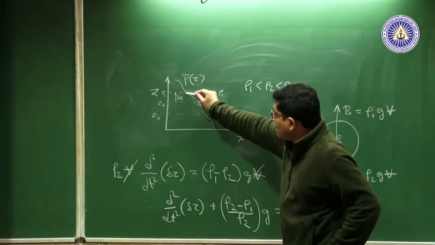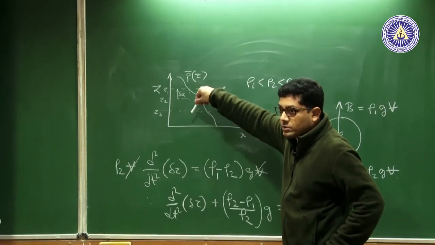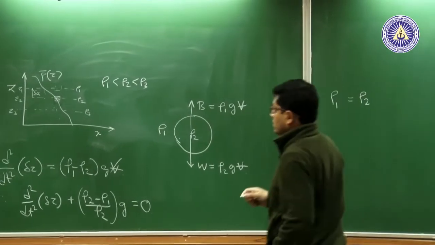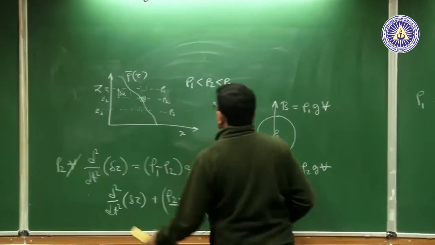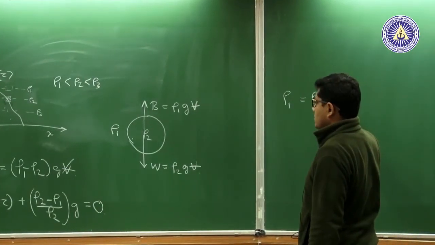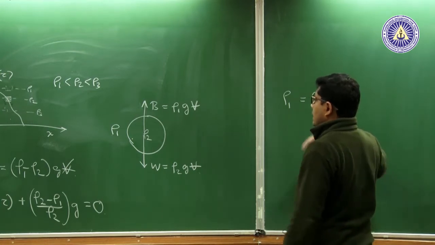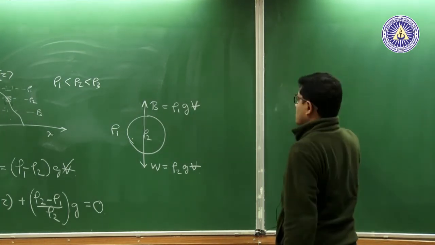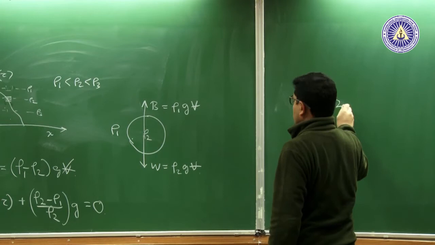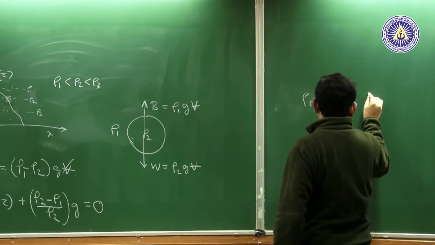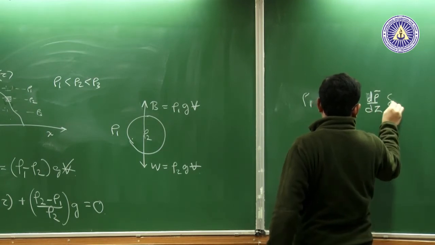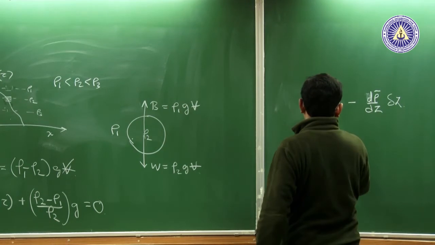So, it is rho 1 minus, because I am going down in the opposite direction. So what is going to happen? Rho 2 equals minus, I just want rho 2 minus rho 1.